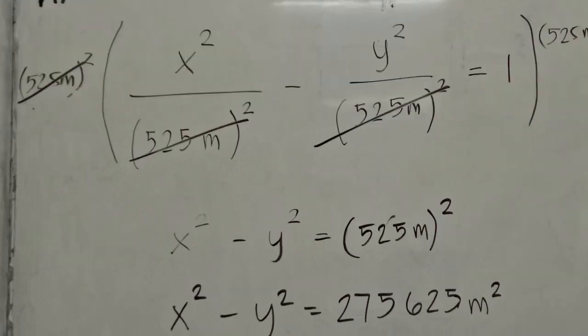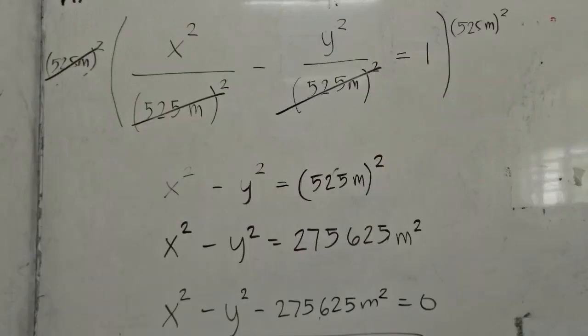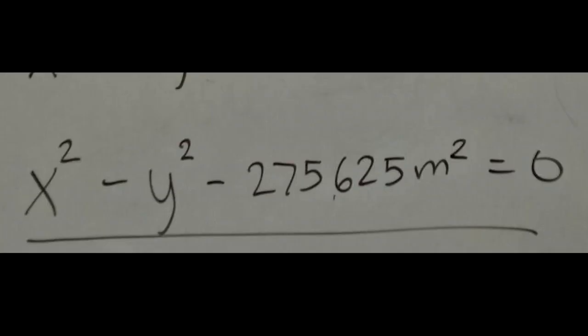It is also equal to 275,625 meters squared. In conclusion, we can write its general form: x squared minus y squared minus 275,625 meters squared equals 0.